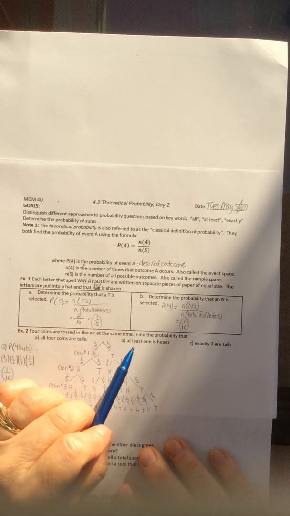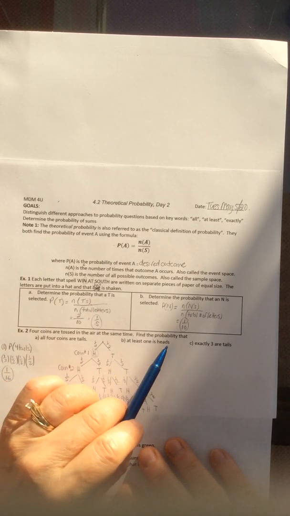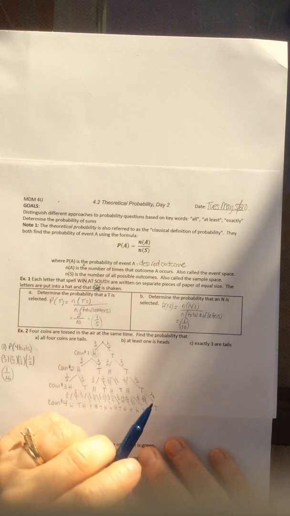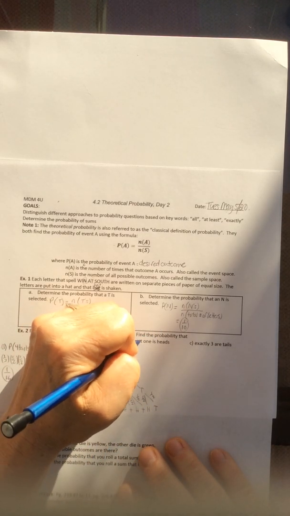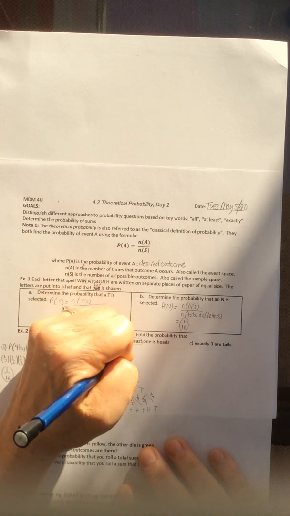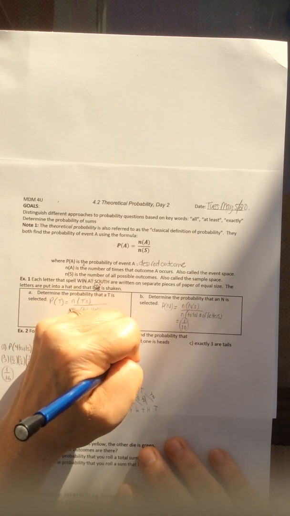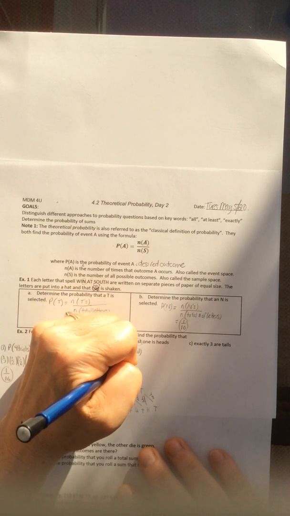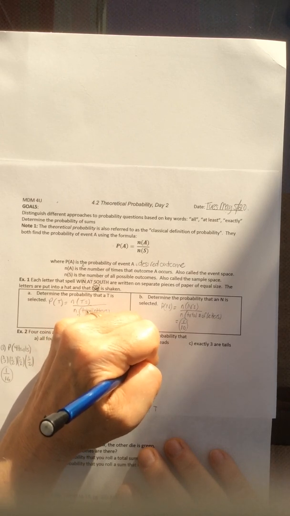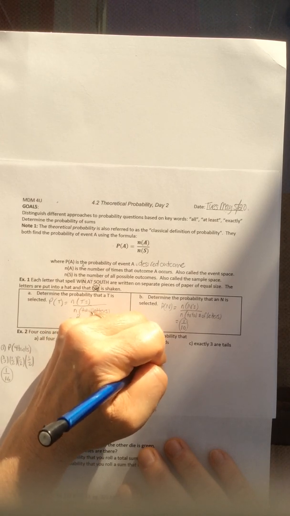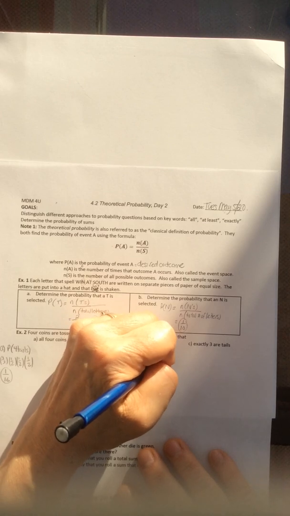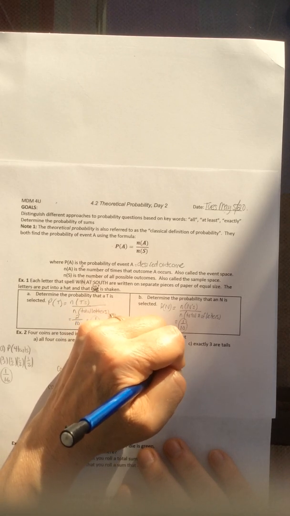Now, if I want the probability of at least 1 that turns up a head, that is equal to the probability of getting 1 tail, added to the probability of getting 2 tails, which is also added to the probability of getting 3 tails.